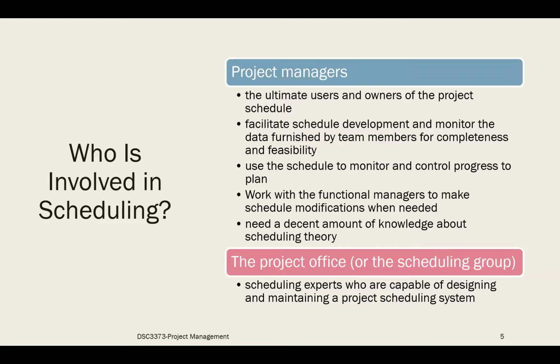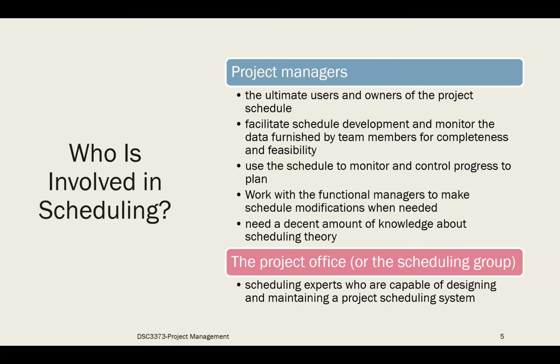Then the fourth party is what we call the project office or the scheduling group. This is a group of scheduling experts who have the capability of designing and maintaining the scheduling system for the project, right?